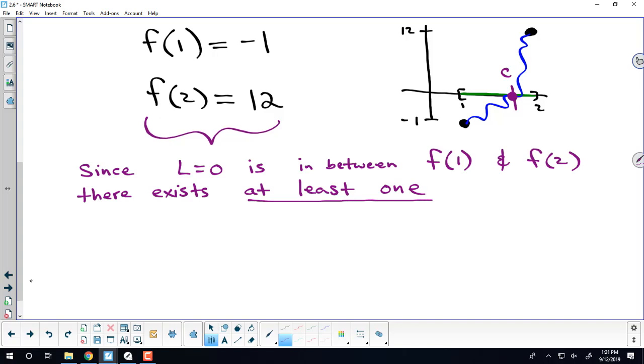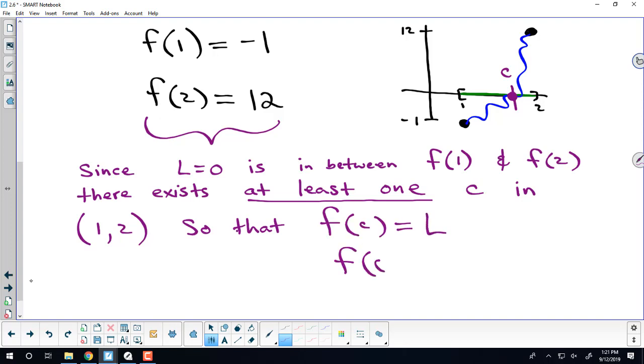If L is in between these two y values you computed, then there has to be at least one value in the interval that you've provided, or that was provided, so that the function evaluated at C is equal to L, or in our case, f of C equals to 0. That's it. That's as far as we go with that.